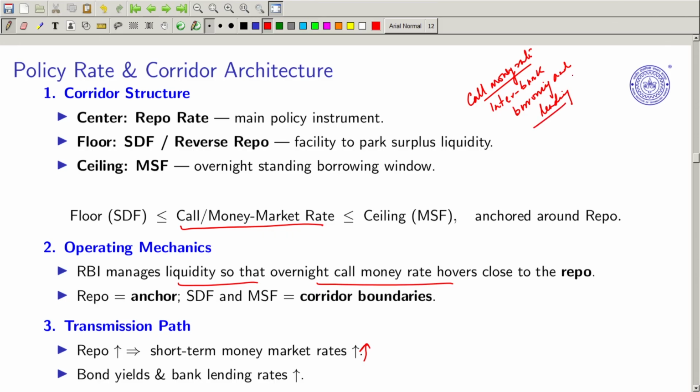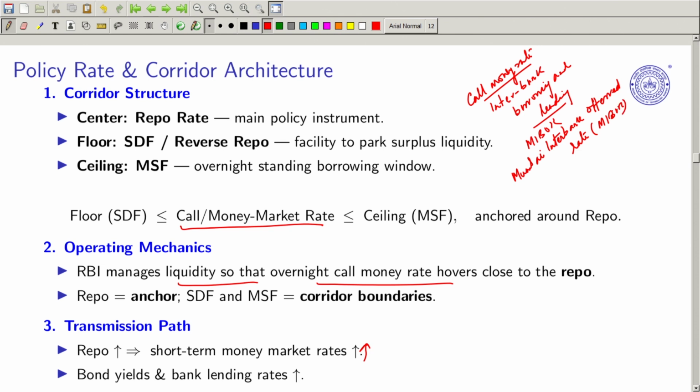And second, we have another, the MIBOR, which is the Mumbai Interbank Offered Rate. So, we call it the MIBOR.